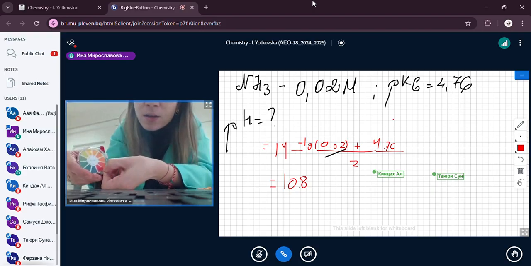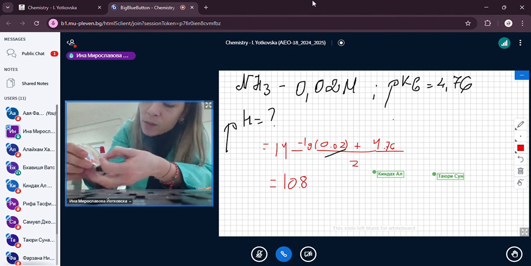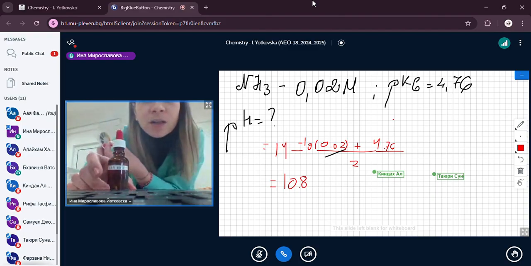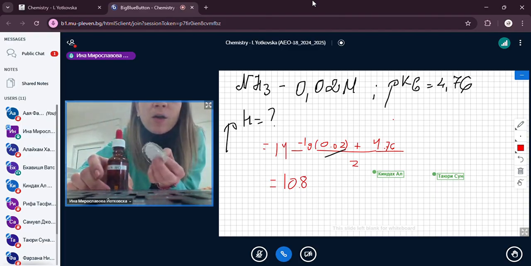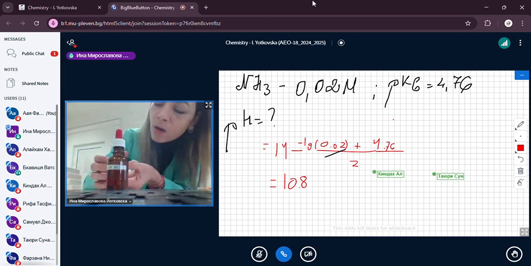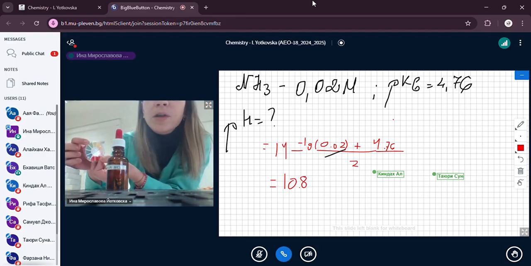The color that I obtain is absolutely the same as the one corresponding to pH 1. So for the solution of 0.1 normality hydrochloric acid measured with universal pH indicator, write down pH 1.